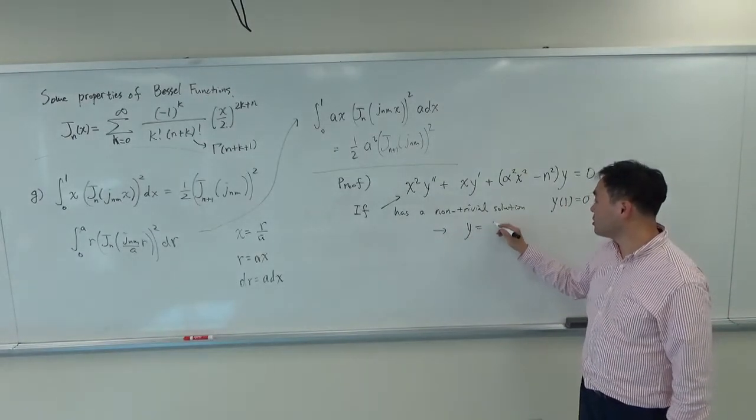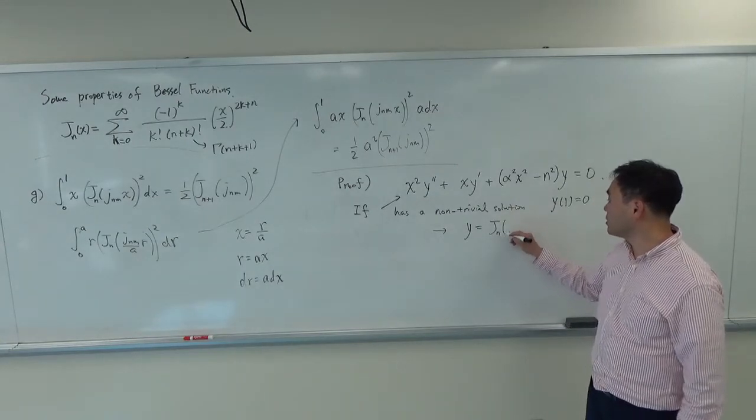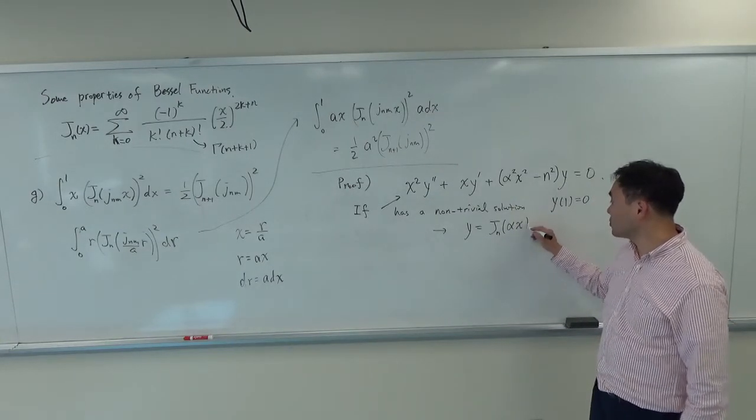Y should be Jn of alpha x. That's what we know. Okay?